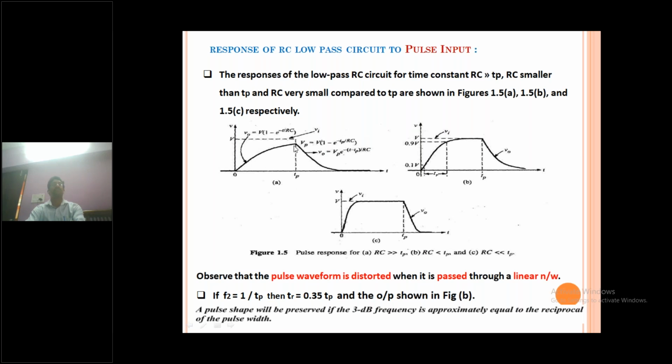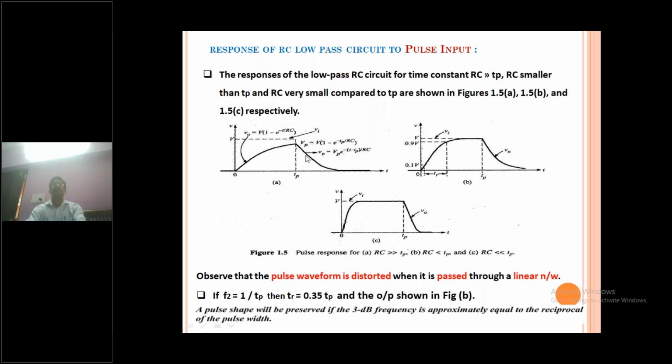How much the capacitor will be charged, that value equals the output voltage. Then the input suddenly stops at t equal to TP, that means V volts suddenly goes to 0. But the capacitor cannot discharge instantaneously, so it will discharge slowly, finally going to 0. The discharging waveform is the peak value into e power minus T by RC.